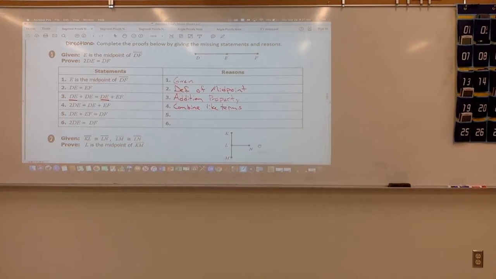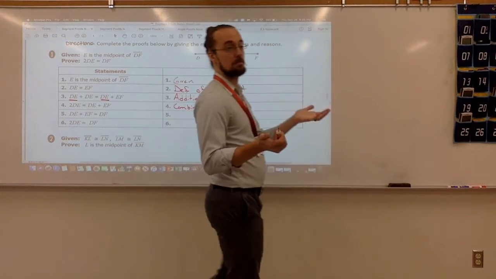So now, they claim DE plus EF equals DF. How can we claim that? Subtraction? I don't know if we can claim that that's subtraction. This one is slightly different, in that we're not necessarily looking from this line to this line. We also may sometimes need to use the picture.